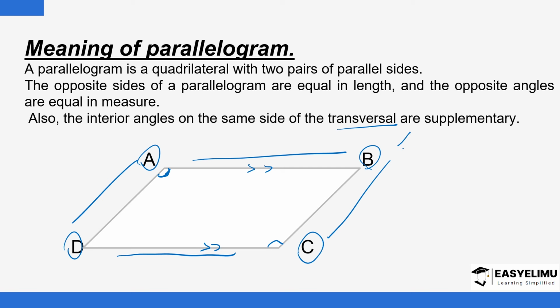That means angle BAD added to angle BCD equals 180 degrees. You see, these two angles are angles on the same side of a transversal. The transversal in this case could be AD. These characteristics of a parallelogram are important in answering a few questions in mathematics.